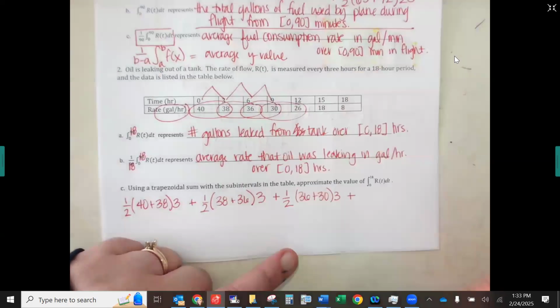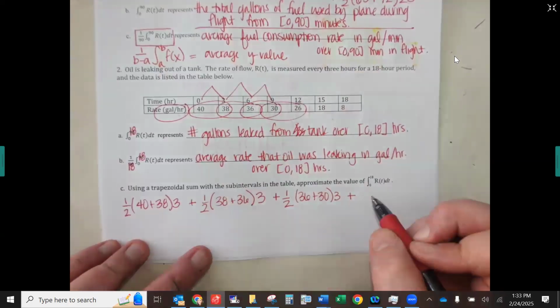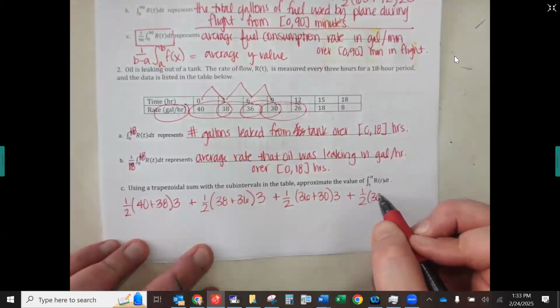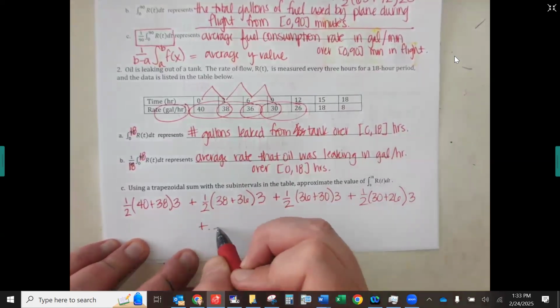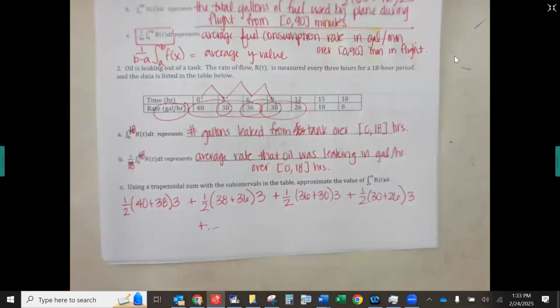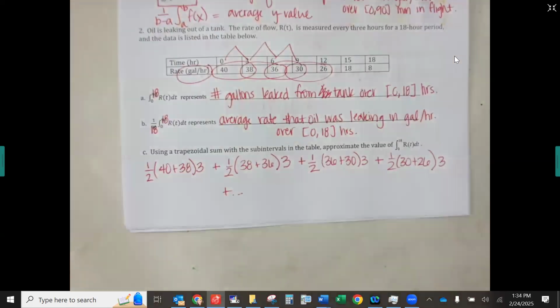So we're going to keep going, but you can expect that it's always 3 for this one. For my next one, it'd be 30 and 26, and then I'm going to put plus dot dot dot. The reason is that, if you remember for Riemann sums, if your delta x is always the same, you could pull it out. If the width was always 5, you could just do 5 in the front.